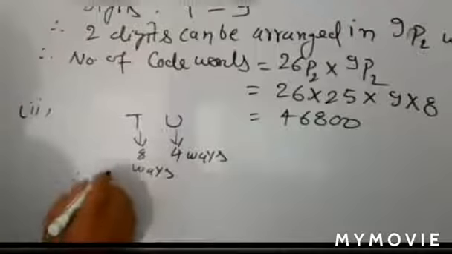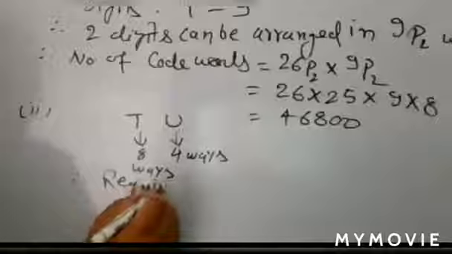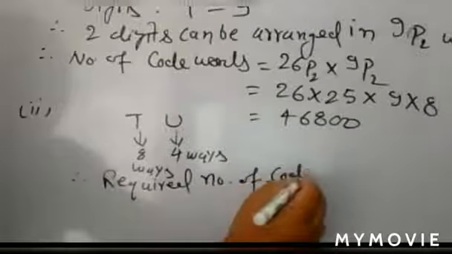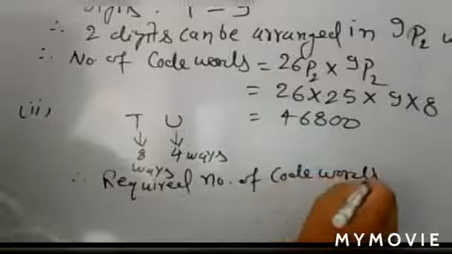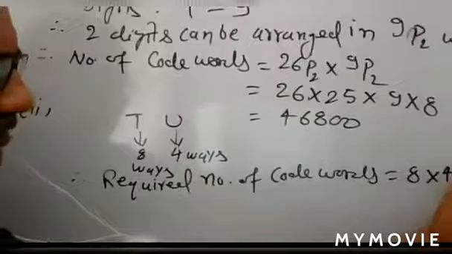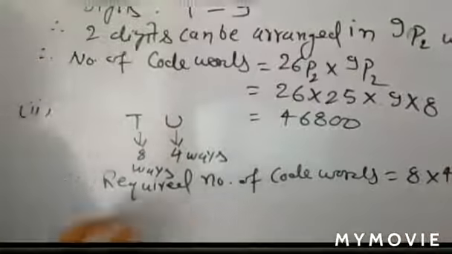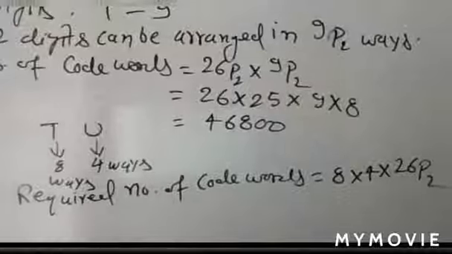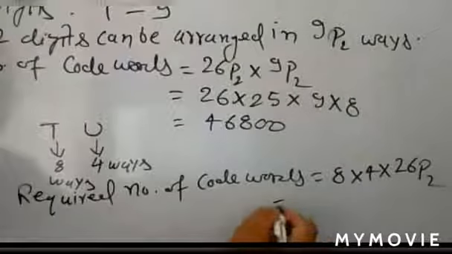Hence the required number of code words is equal to 8 into 4 into 26P2 into 26P2. Only simplify that and you will have your answer.